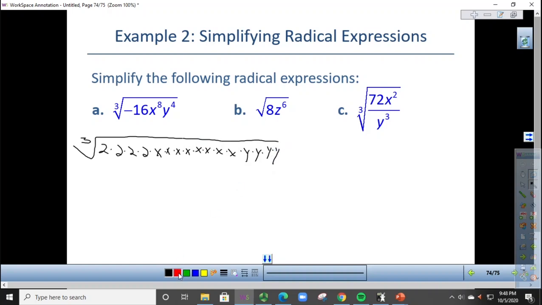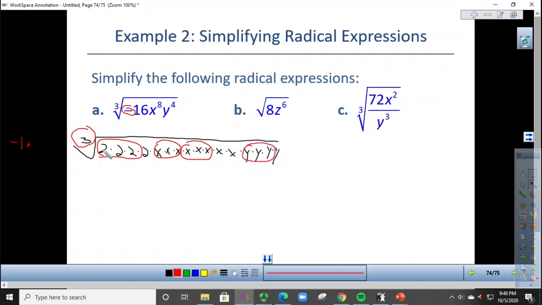Because I know that this is negative, I'm going to take negative 1 times whatever else I can pull out of here. The index tells me the grouping I'm going to look for, so I'm looking for groups of 3 of the same term. So I have 3 2's, I have 3 x's, I have 3 x's, I have 3 y's.